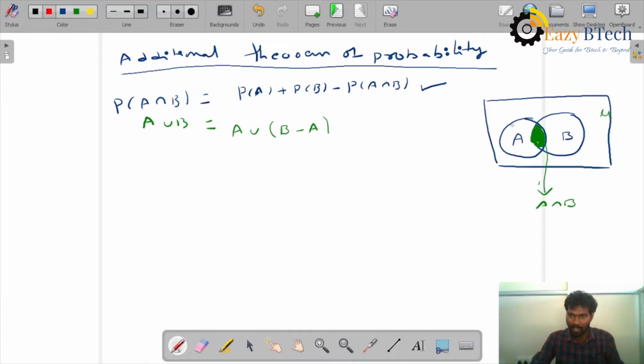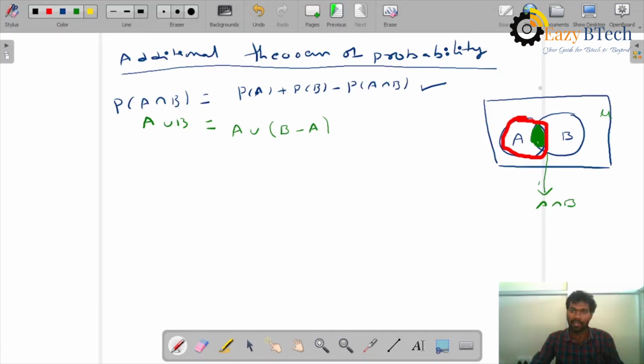A means completely this entire circle. Union B minus A. B means B excluding A.